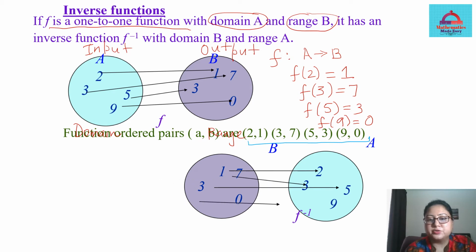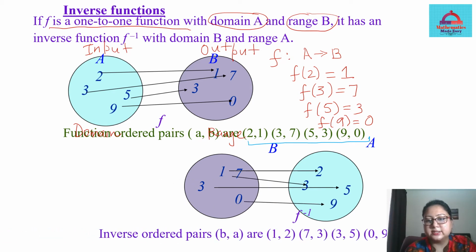I can again show you by the example of the same sets that we have taken for f. This function f inverse is going to be defined from B to A. As you can observe, the domain and the range are interchanged, and accordingly for the inverse ordered pairs we are interchanging the x and y coordinates.